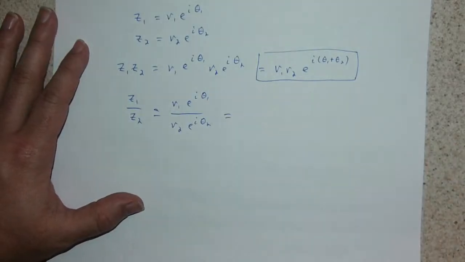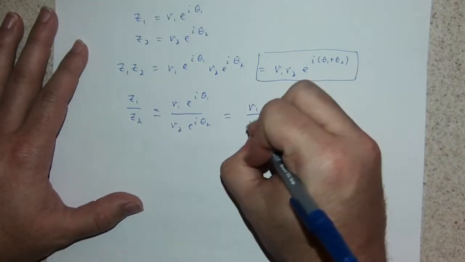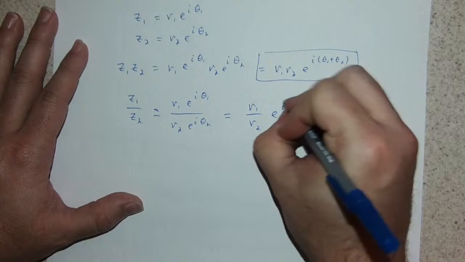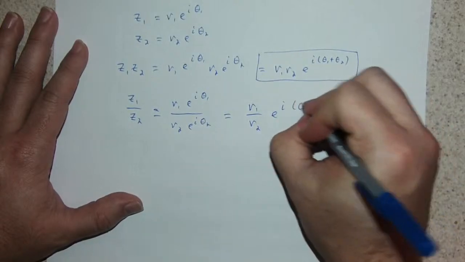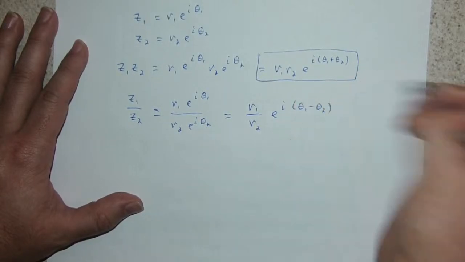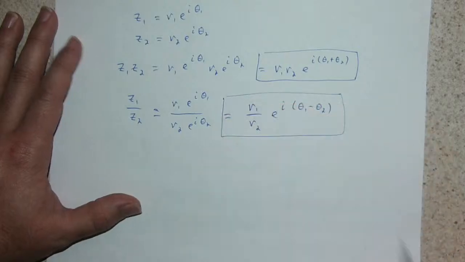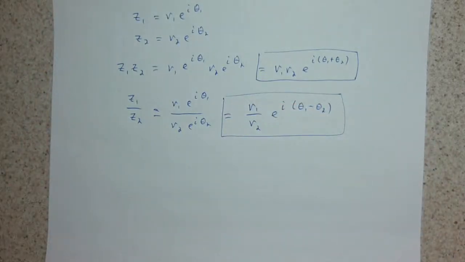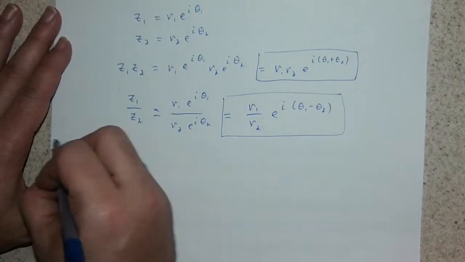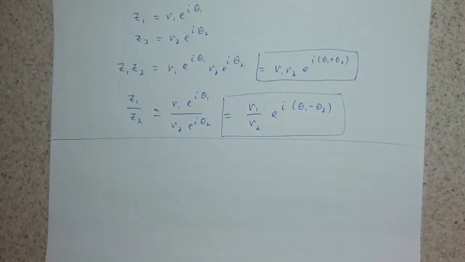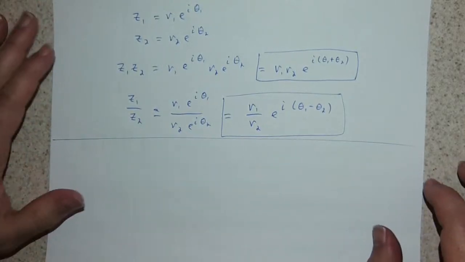So this is just r sub 1 over r sub 2 times e to the I theta sub 1 minus theta sub 2. Right? So no need for additional algebraic trickery there. This just has a very nice description in exponential form. All right. And so there's two algebraic operations that are made a lot easier in this way.